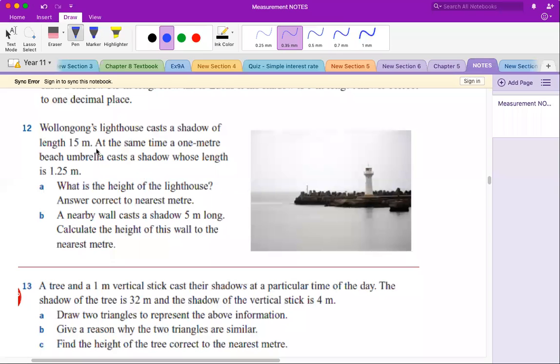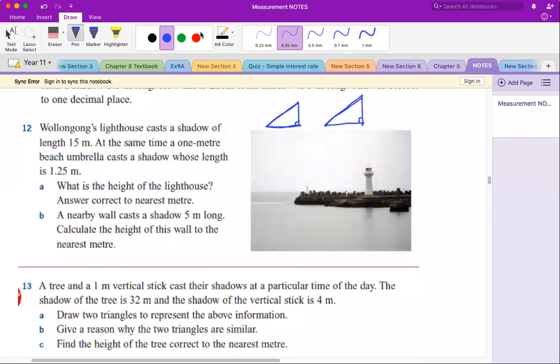So the length is 15. At the same time, a 1 meter beach umbrella casts a shadow. Okay, so we can think of just two right angle triangles, right? Yeah. Because the sun will come down like this. And you have two objects. Obviously, the lighthouse is the bigger triangle, right?